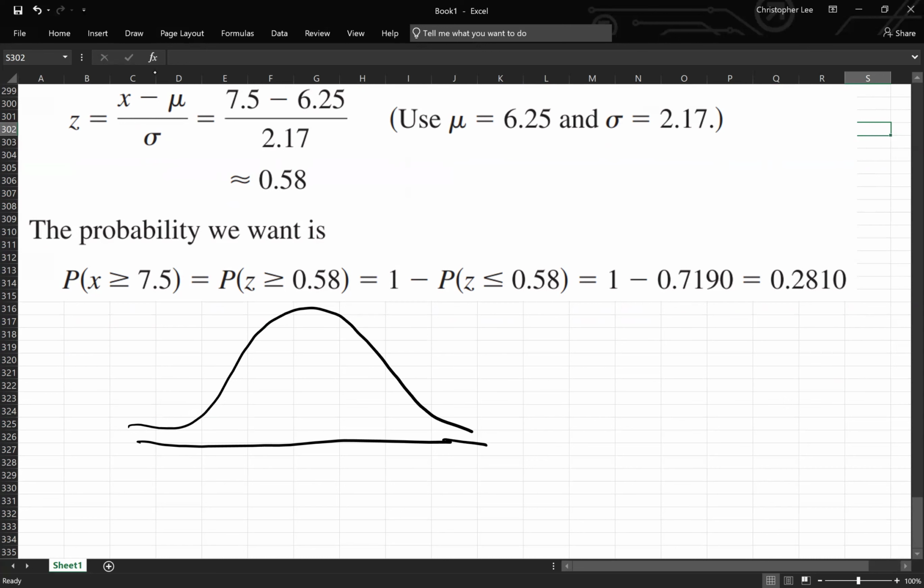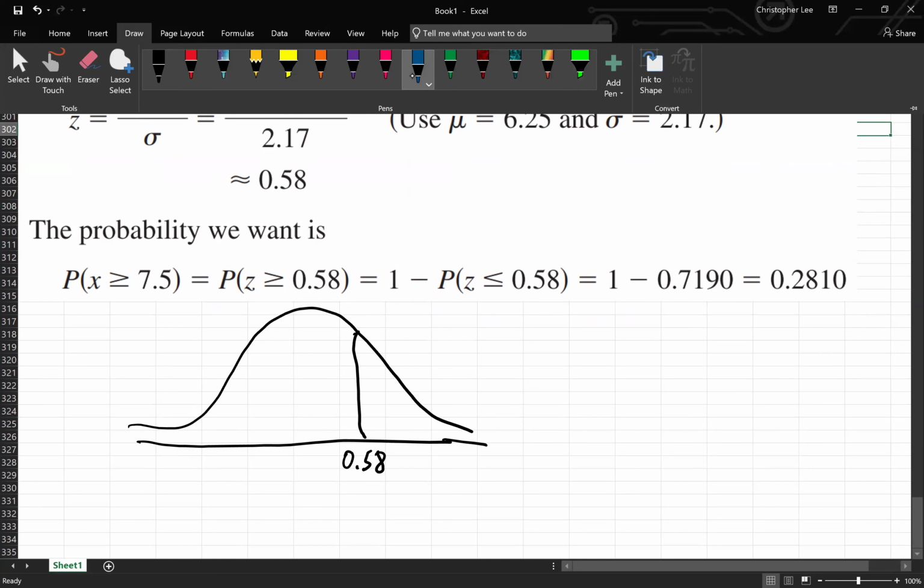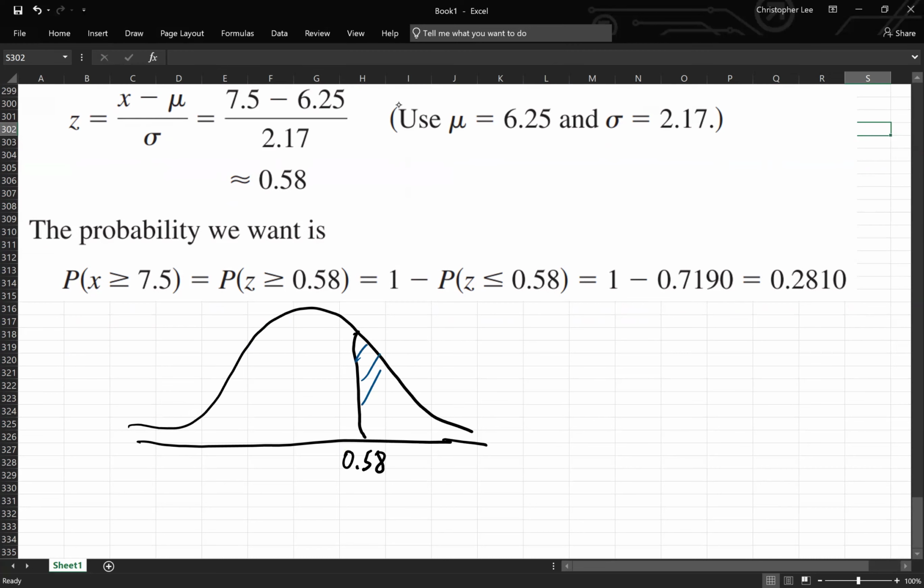So remember, this is how we did it. We got 0.58, and we know that 0.58 is somewhere right here. And then I want the area to the right of that.